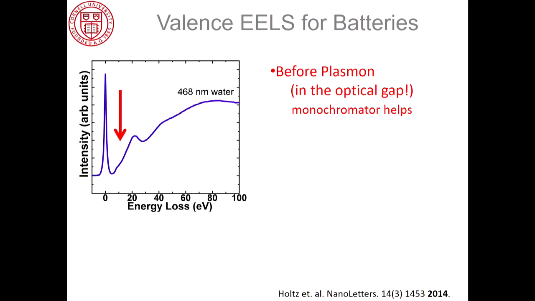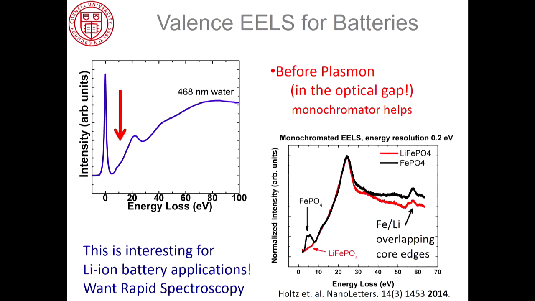So if I look inside the optical gap of the material, down there, hiding there is the optical gap of water. If you look at what happens going from lithium iron phosphate to iron phosphate, when I remove the lithium, I've emptied out the d orbitals, and there's a very nice peak from the d orbitals sitting at about 5-6 electron volts. So vacuum ultraviolet spectroscopy is really easy to do with electrons.